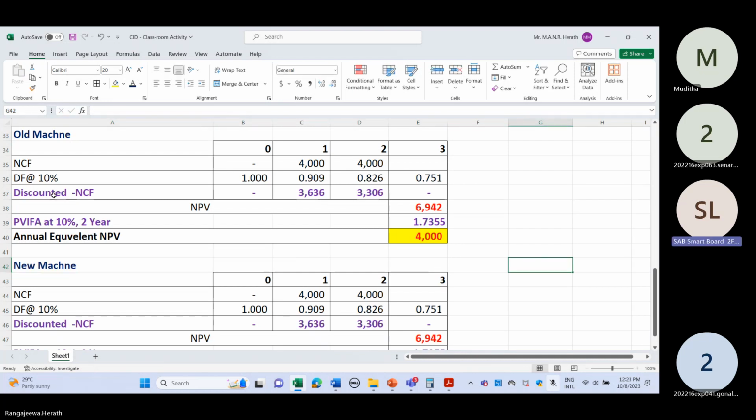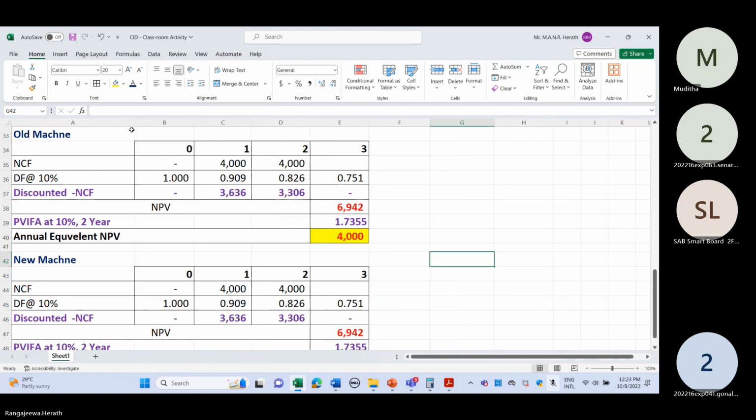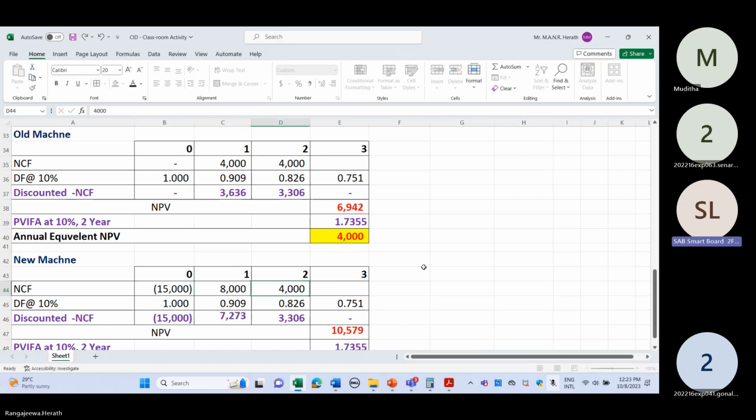If we go to the new machine, in year 0 we have to spend 15 million, and it will generate 8,000 per annum inflow.